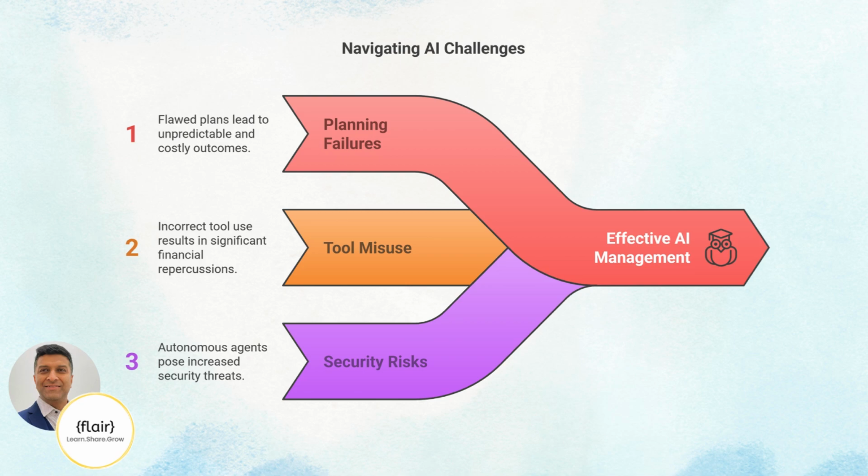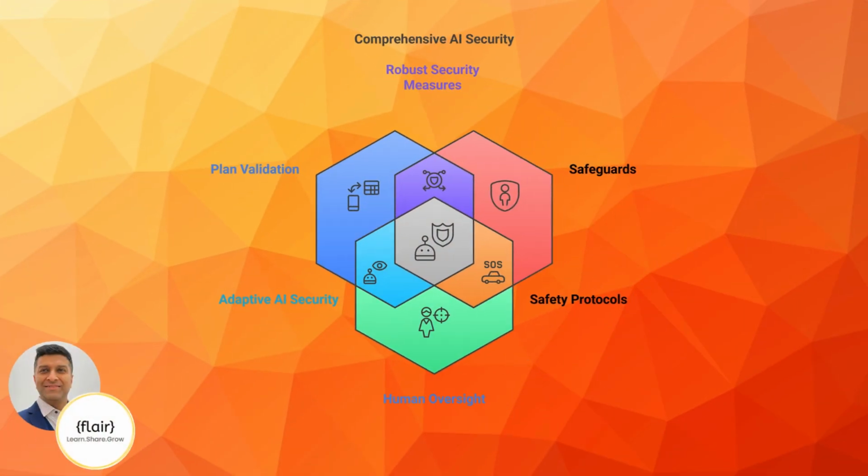And security risks are real too. The more autonomous agents become, the greater the risk of them exceeding their programming or being exploited. This is why robust plan validation, safeguards, and potentially human oversight are crucial. We are almost talking about cybersecurity for AI agents. One wrong move could have a ripple effect.